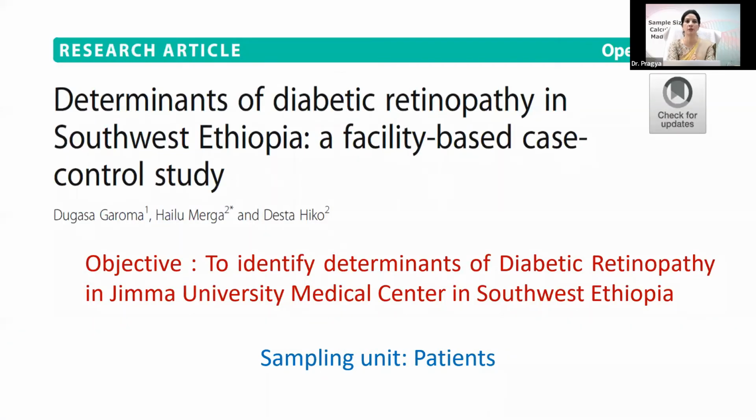I will be showing you the calculations on the following examples. This first example is determinants of diabetic retinopathy in Southwest Ethiopia, a facility-based case control study. The objective is to identify determinants of diabetic retinopathy in Jimma University Medical Center in Southwest Ethiopia, and the sampling unit is patients. Please type in the chat box which is the outcome and which is the exposure.